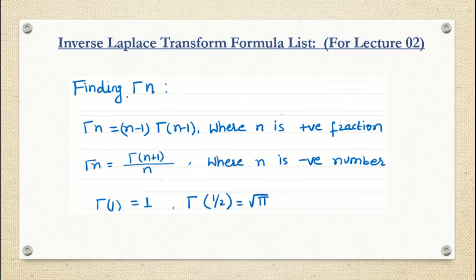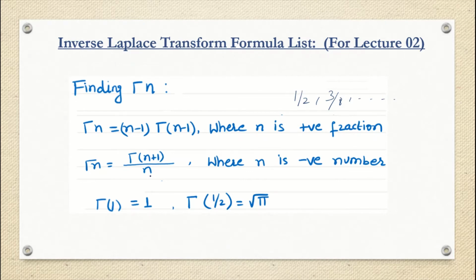Again, if we have to find gamma n, we have two different cases. The first case is gamma n equals n minus 1 into gamma n minus 1, where n is a positive fraction. So 1 by 2 will be applicable here, 3 by 8 maybe, and so on. Similarly, the second case is gamma n equals gamma n plus 1 divided by n.